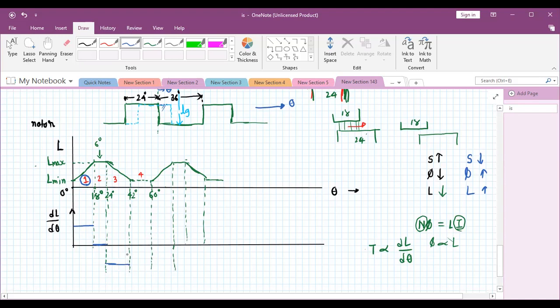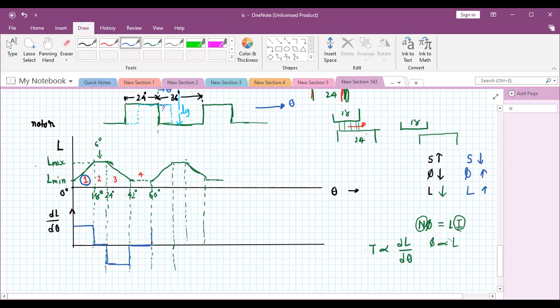Now again from this section, it is constant, so here the derivative is 0. From 42 to 60, the inductance is constant, so dL by dθ will be 0.